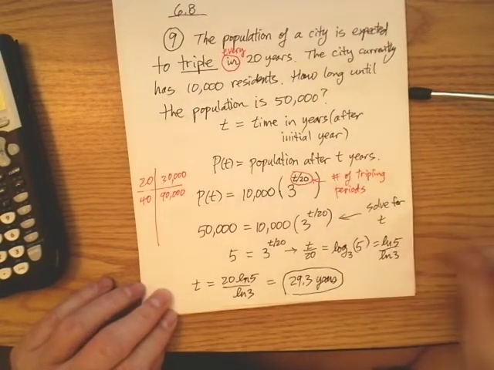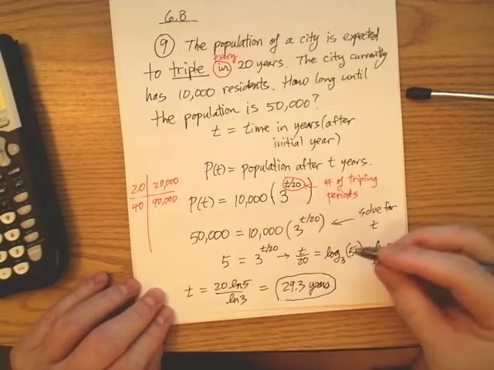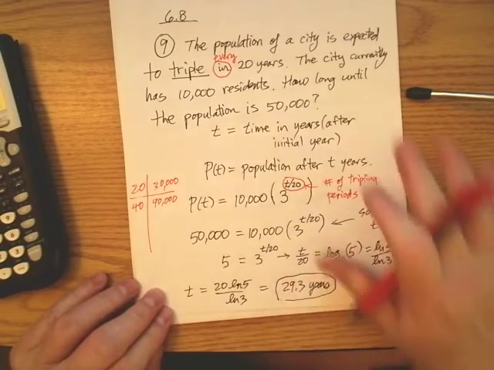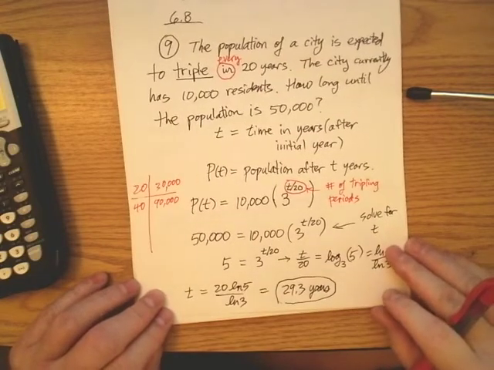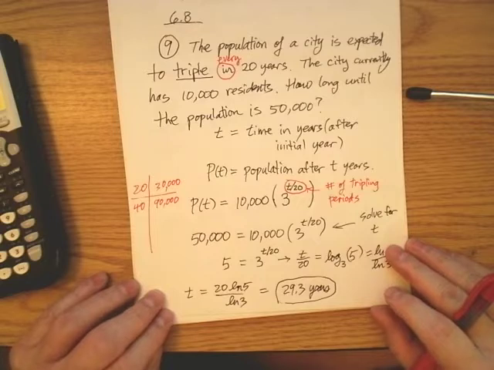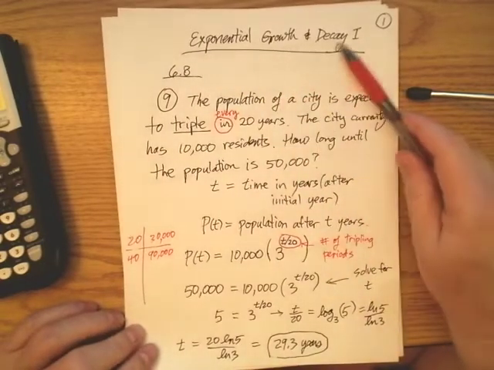Anyway, I just want to mention here, in some of John Grimma's solutions, he's writing everything in terms of basically continuous compounding. Every exponential problem can be turned into a continuous compounding problem. What I'm showing you right here is the method I would use.